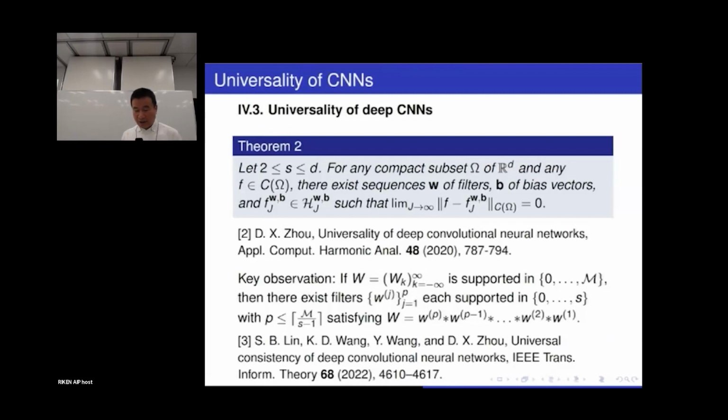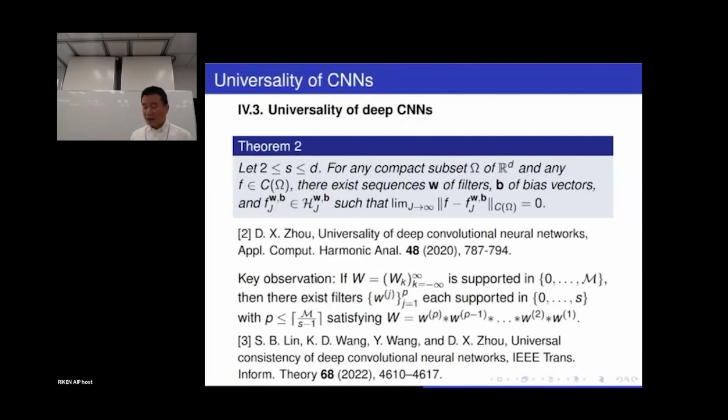So the theory says that if s is fixed, then for any compact subset Omega of R^d and any continuous function f on Omega, there exist sequences of filters w and bias vectors b such that the uniform distance from the target function f to one of the output functions can be arbitrarily small. That's the so-called universality of approximation.